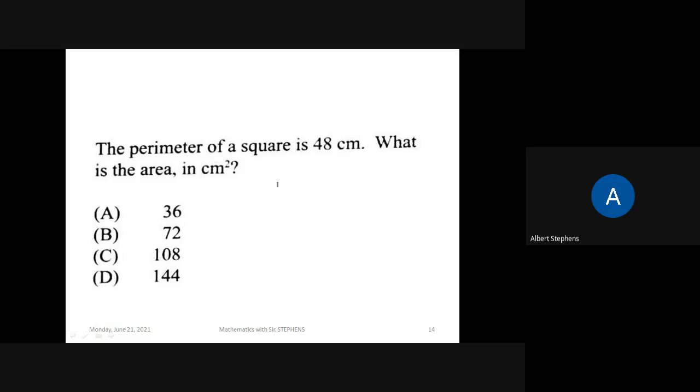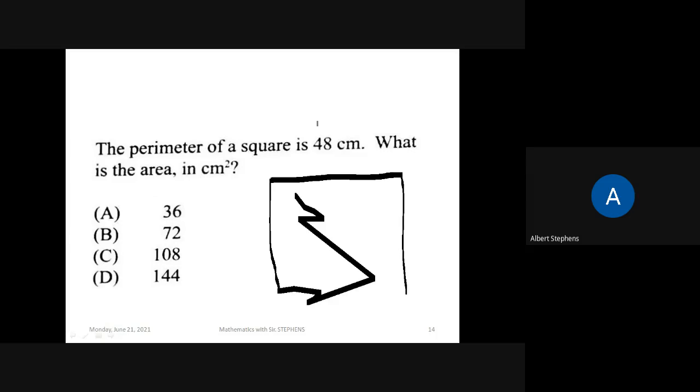So we have a square, and you know, in a square, all sides are equal. All right. So we have a square, and they say that the perimeter.